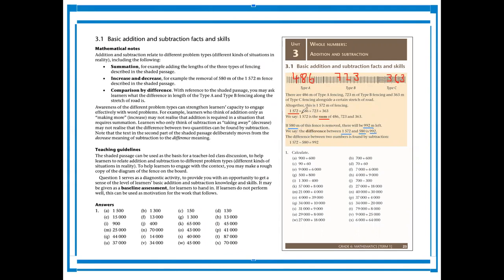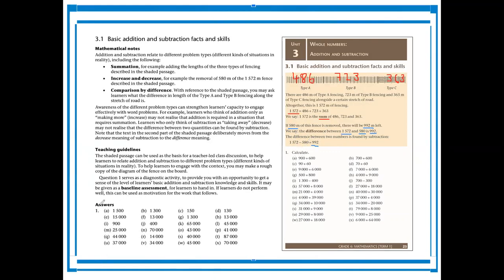So remember, we added them all up and we got the sum, which was 1,572. And if we take the total length of fence and we subtract 580, then we can find the difference between the total length of fence and 580 meters. And that gives us 992.